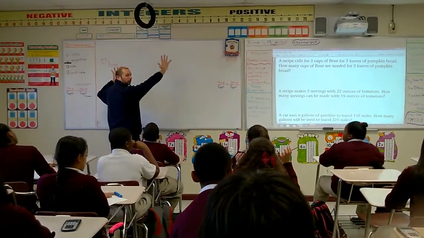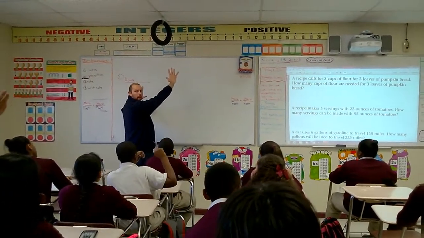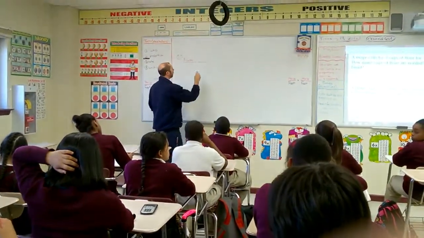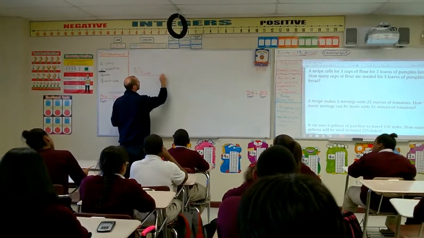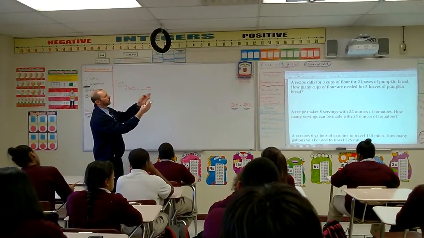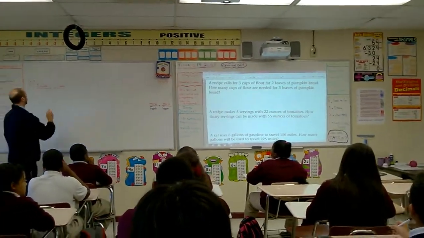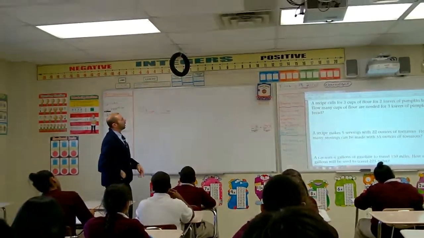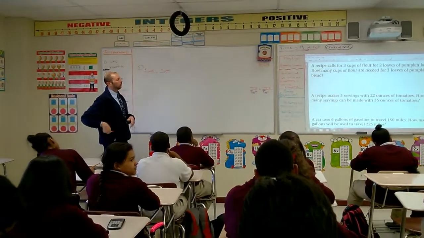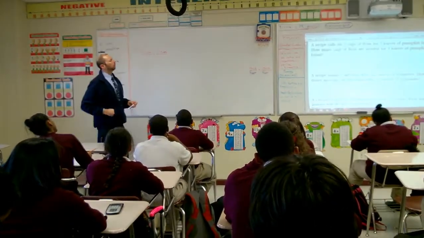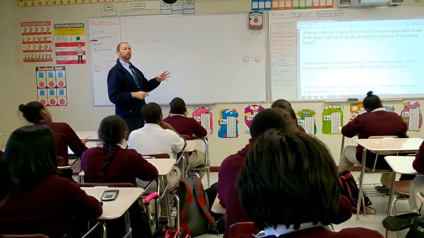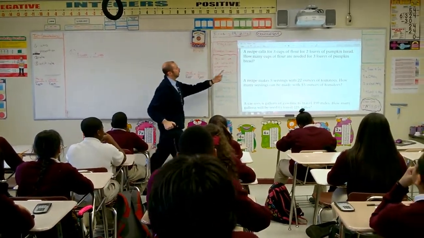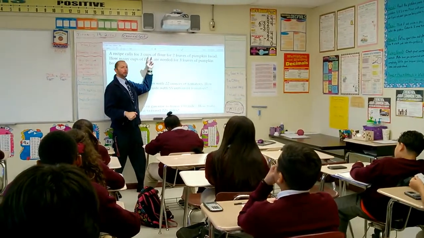So what will this be on this side? Janelle, it has to be cups. So do we know how many cups? Then if I look, 3 cups. So 3 cups of flour for how many loaves of bread? 2 loaves.